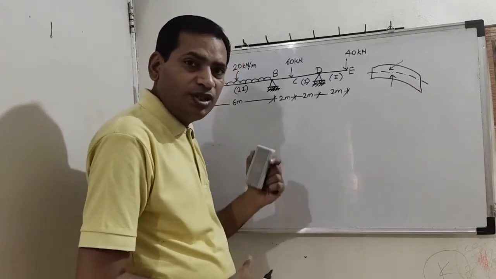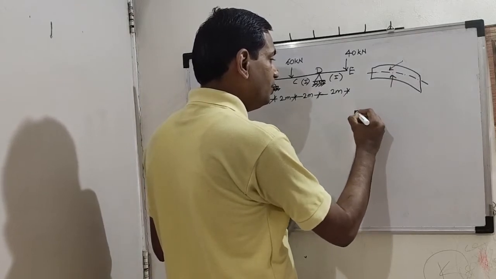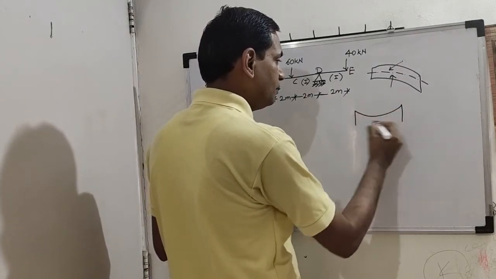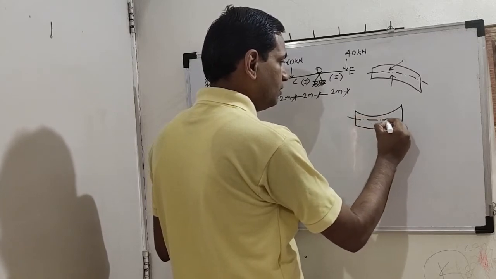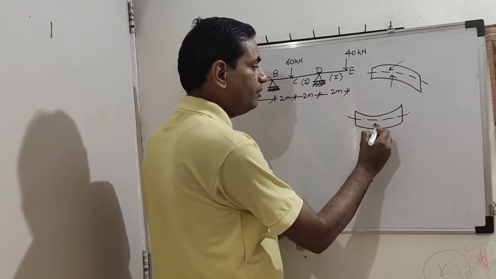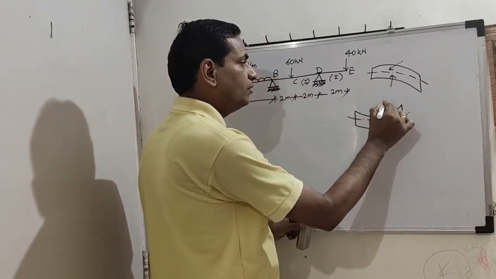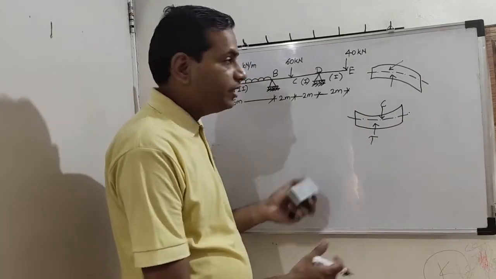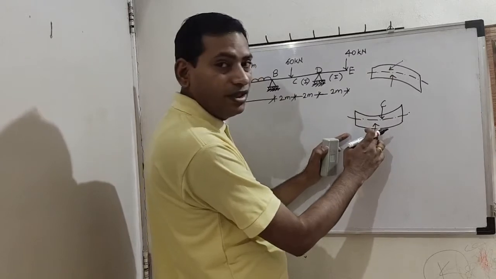Usually what happens when it is a simply supported beam bends in this fashion, correct? And there is tension on the side below the neutral axis and compression above the neutral axis. Here it is exactly opposite of this.